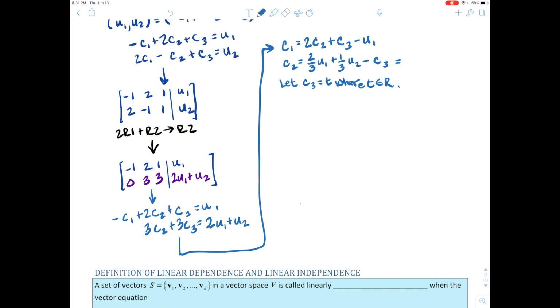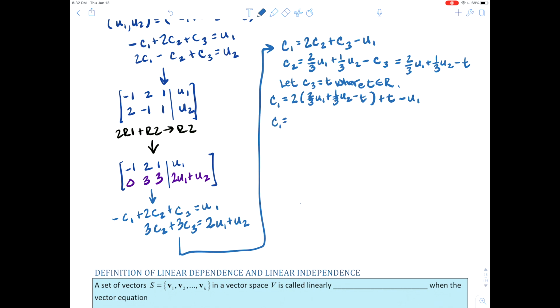Do you see that c2 would end up being 2/3 u1 plus 1/3 u2 minus t, and then working with c1 is going to be equal to 2 times c2. So c2, remember, is 2/3 u1 plus 1/3 u2 minus t. The next part is plus t in for c3, and then minus u1.